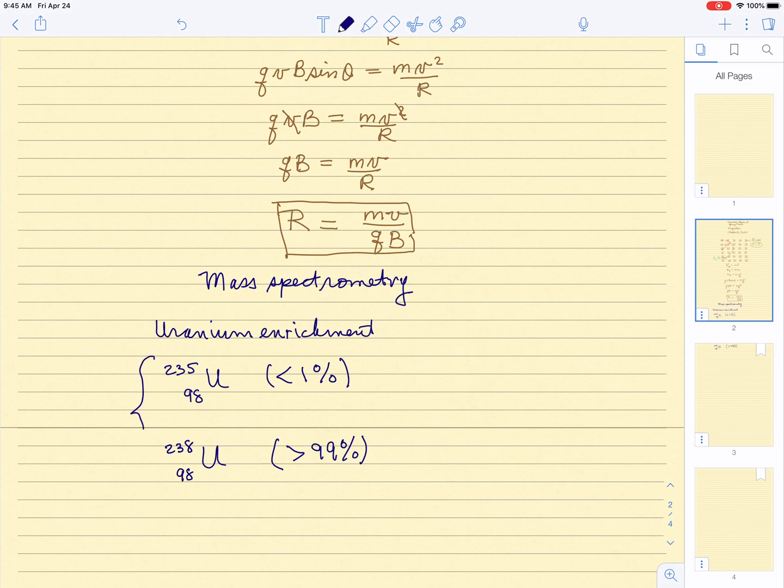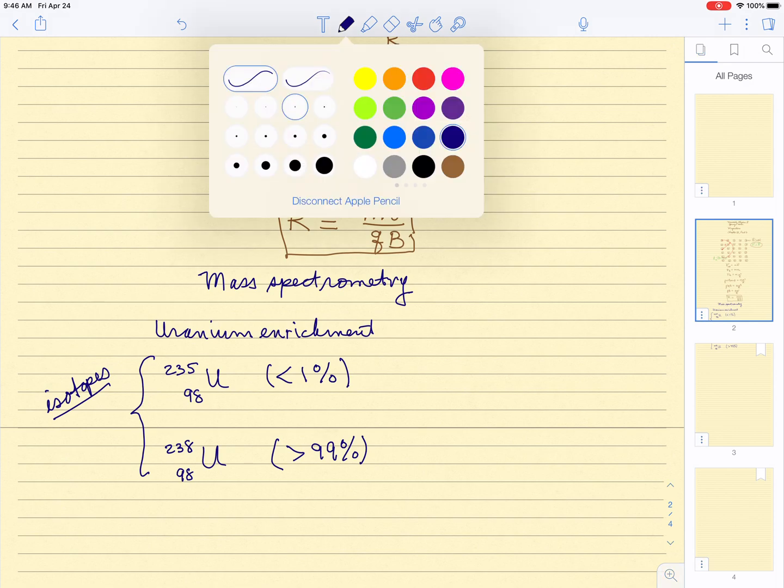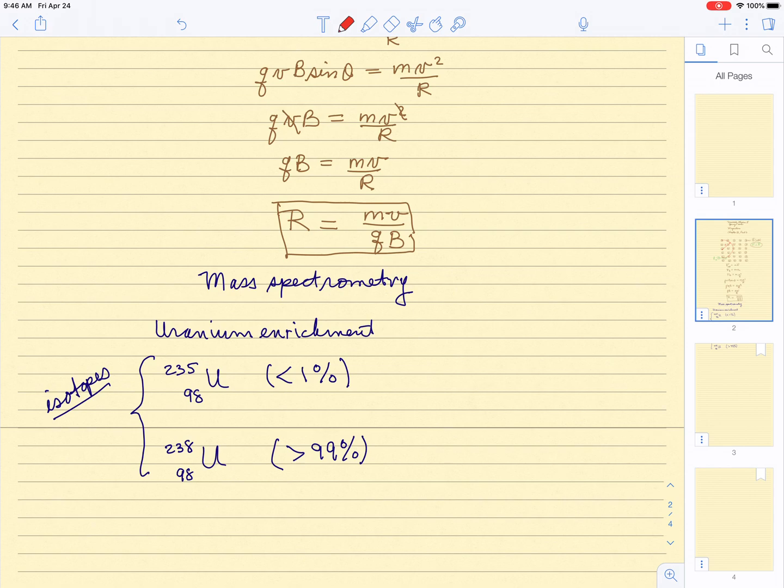And recall that these are isotopes. And if you don't recall what an isotope is, you should look that up. So the uranium 235 and 238, they differ in some significant properties, right?